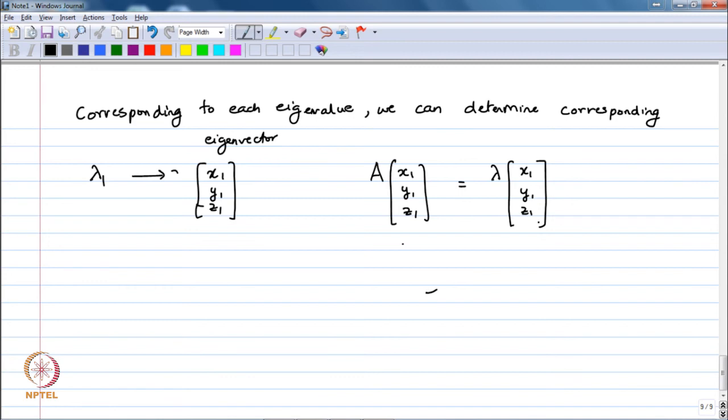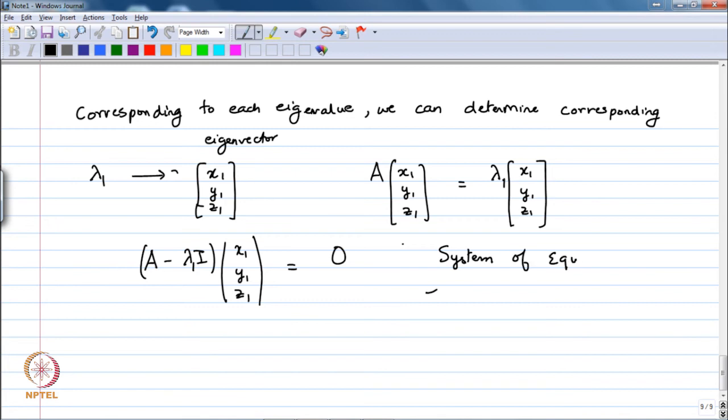Then what you have is the equation A minus lambda 1 I times x 1 y 1 z 1 is equal to 0, and this is a system of equations, and you can solve for x 1 y 1 z 1.